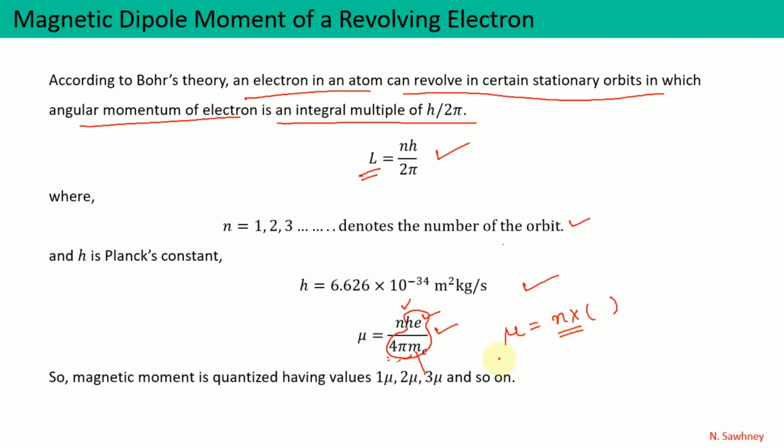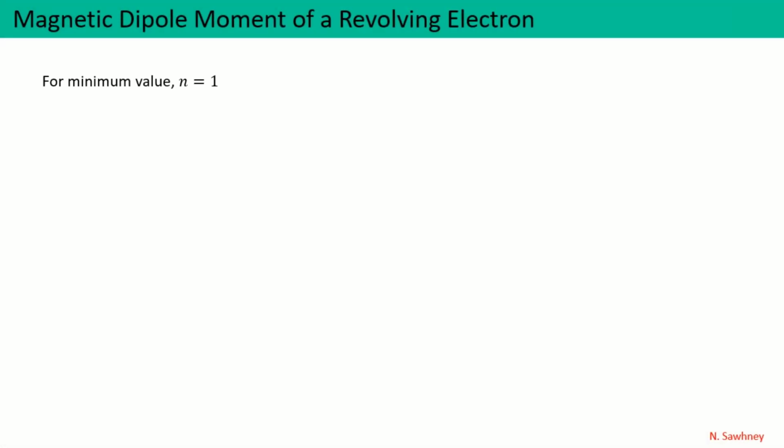Hence we can say that the magnetic moment is quantized and can have these values, where this is the least magnetic moment, that is when n is equal to 1, like this, that is the minimum value.